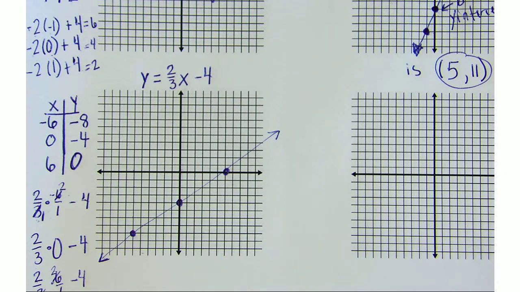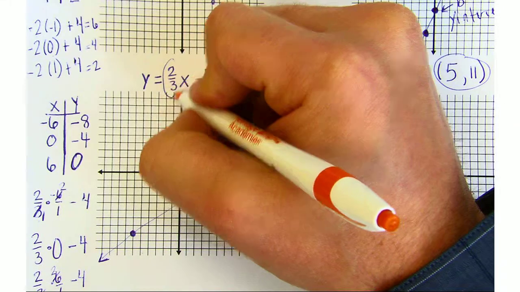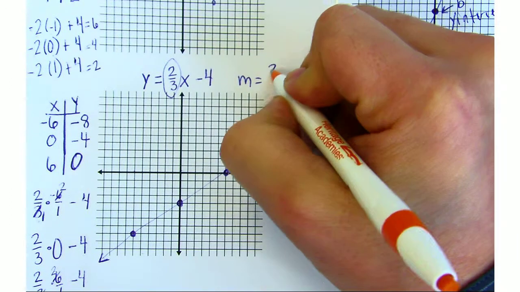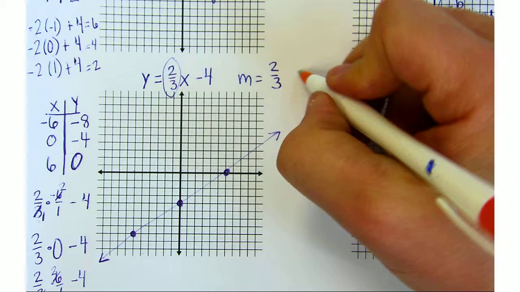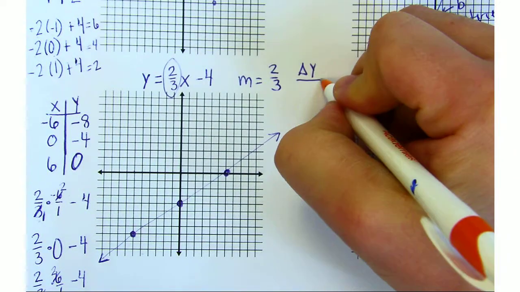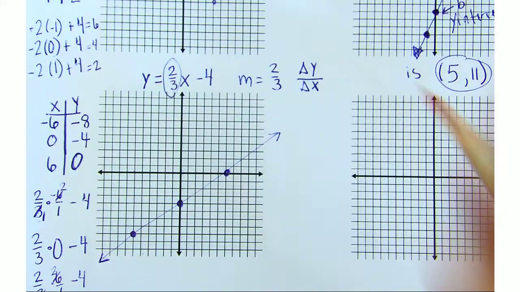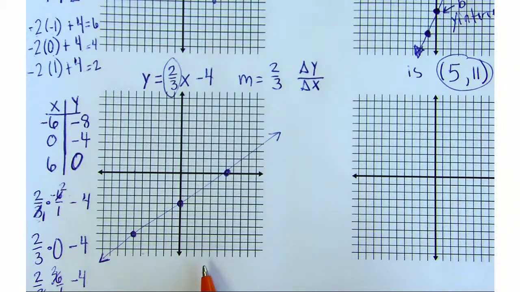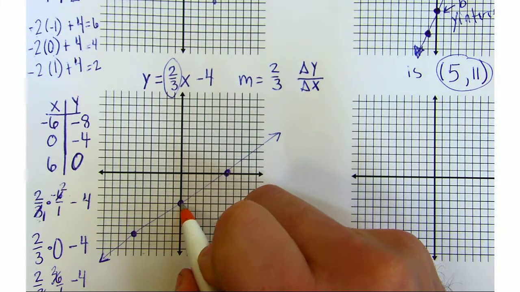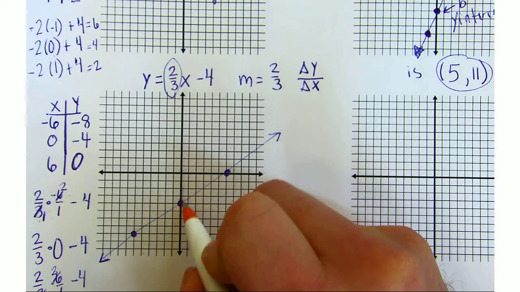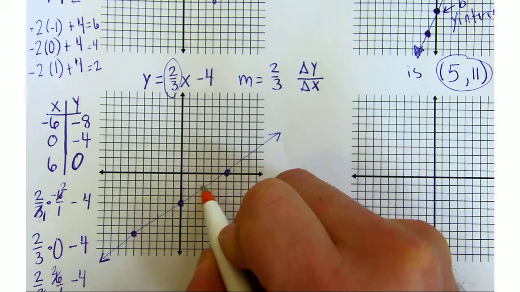Now here, this slope is unique. My slope is 2/3. What that means is y is changing by 2, x is changing by 3. Rise over run, they're saying rise goes up and down, run goes right and left. So if you look at this, it's going to go up 2, over 3. That's the next point on the line. Up 2, over 3.